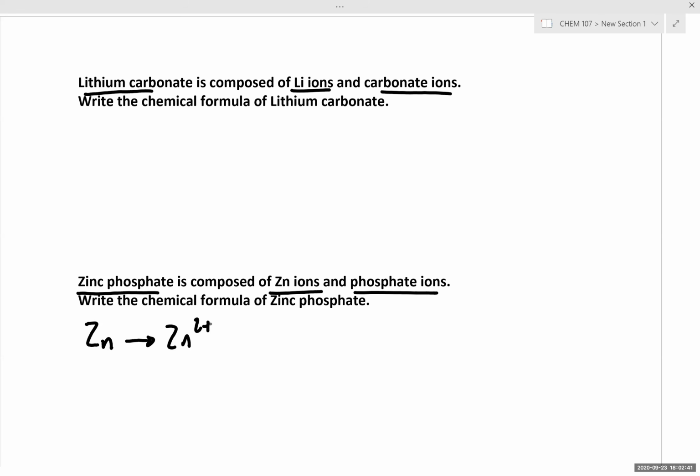And remember, when you cross the charges, the charge goes to the opposite atom or polyatomic ion.